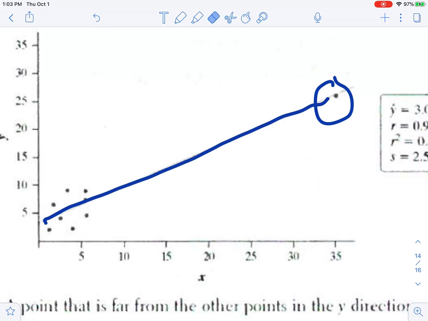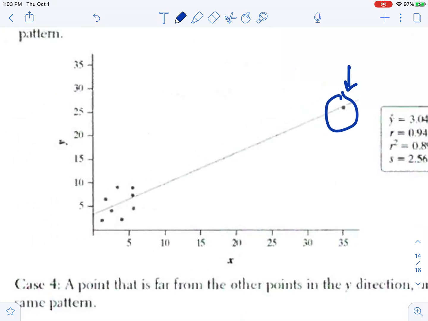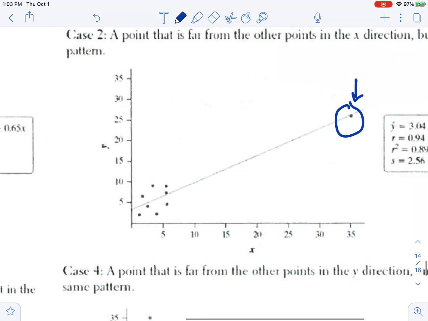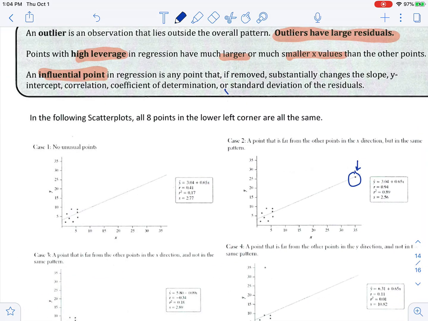If you continue that pattern, this point is right on that line. Meaning, adding or subtracting this point does not change the slope because it seems like it would have been on the line anyways. It doesn't change the r because it's right on the line. It doesn't change any of those things. So even though it is definitely a high leverage point because it's far away, adding or subtracting it, it's really not an influential point because it doesn't change values significantly.